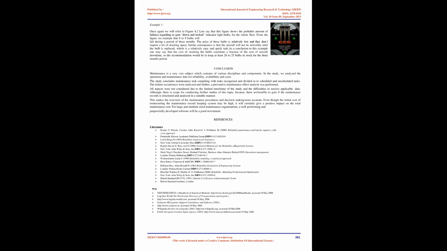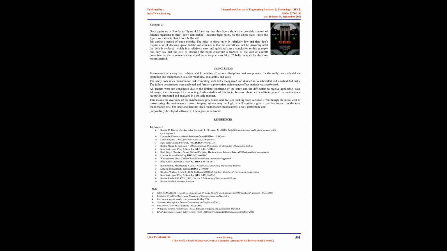To enlighten this topic, 2 examples are given as follows. Example 1. Once again we will refer to figure 4.2. Let's say that this figure shows the probable amount of failures regarding gear down and locked indicator light bulbs for the whole fleet. From the figure we estimate that 8 to 9 bulbs will fail during a period of 3 months.